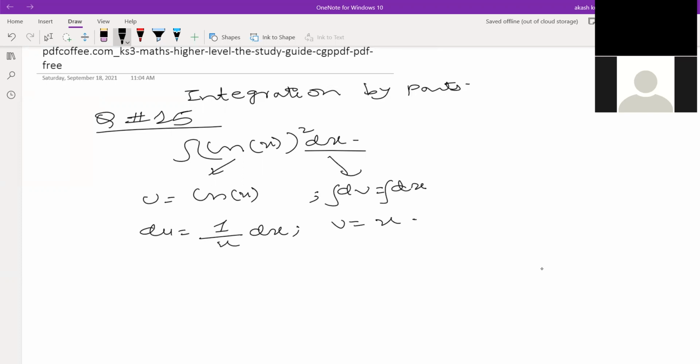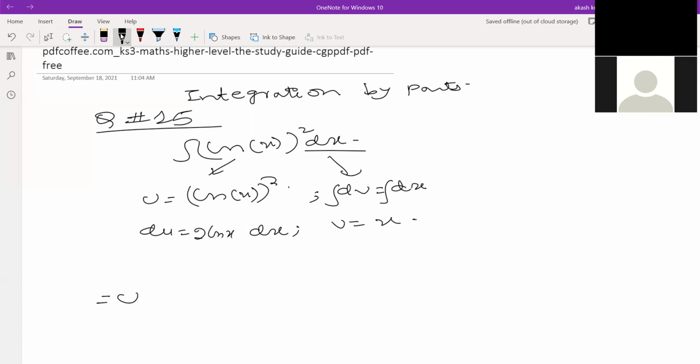Applying the integration by parts formula. It's not ln x, it's ln x whole square. So it will become power first, and minus 1 from the power.